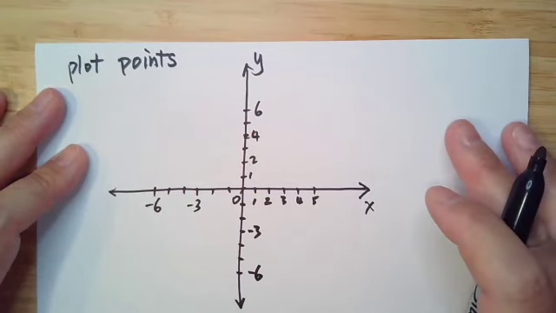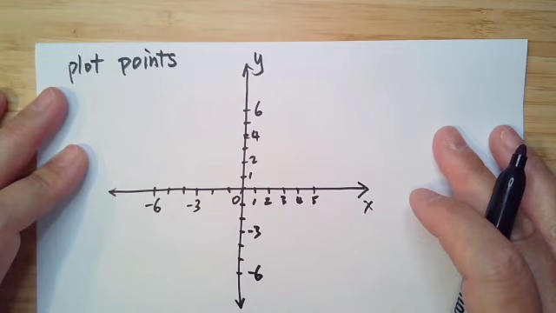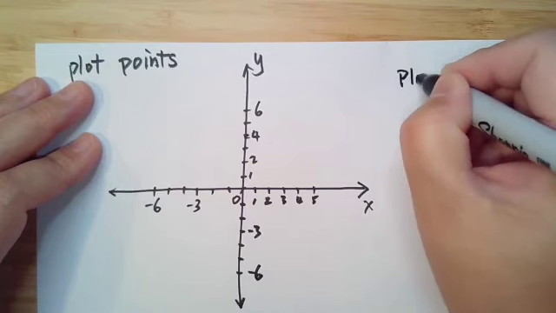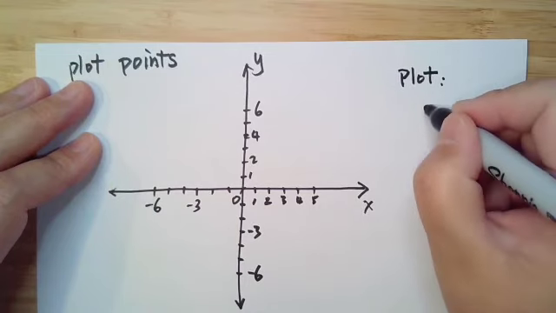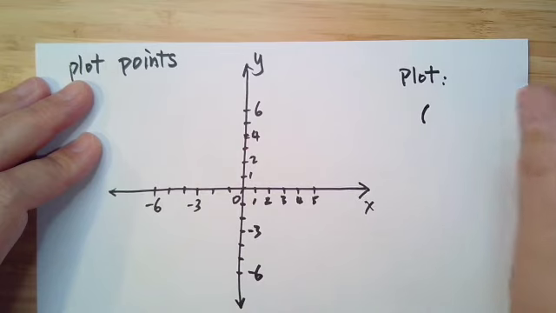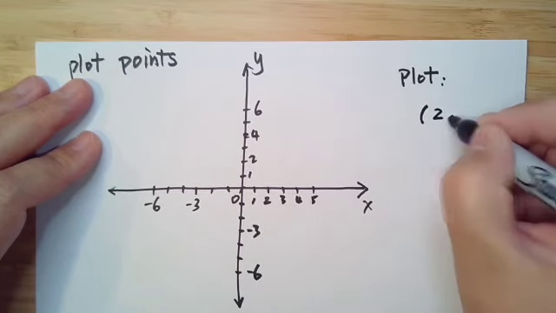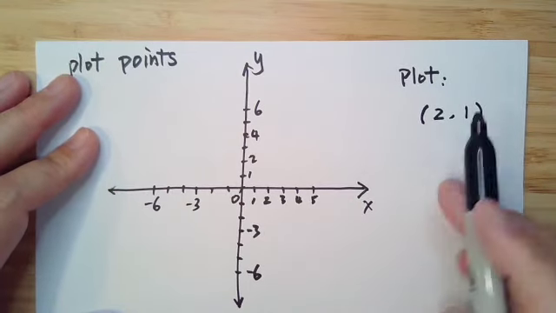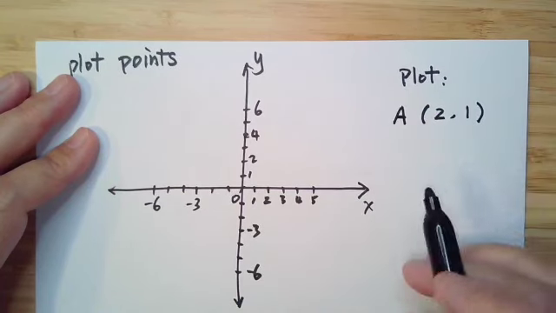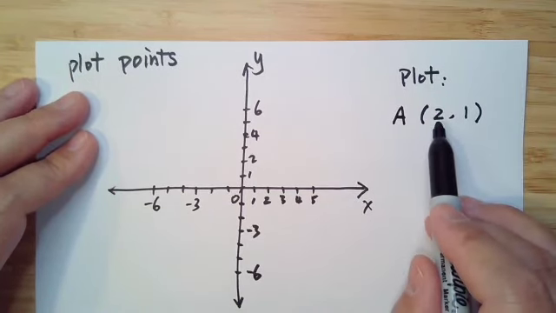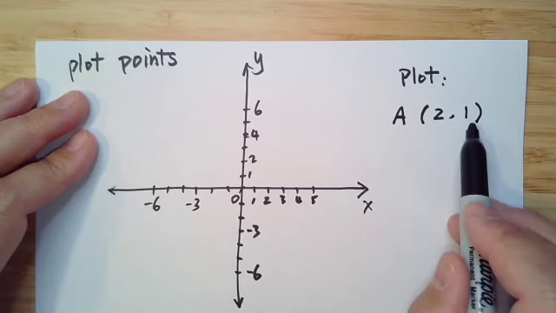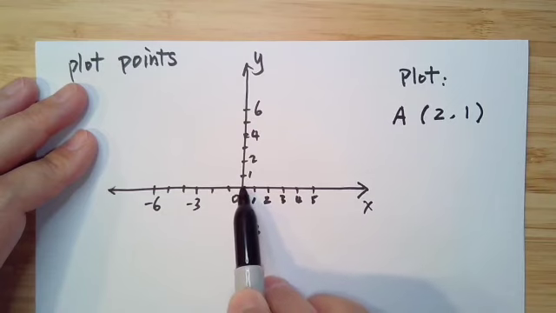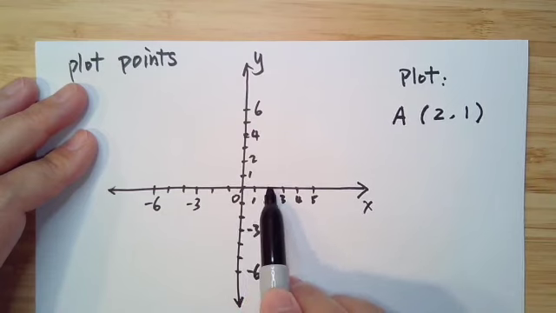So this is the xy coordinate plane, and I would ask you to plot this. I give you a pair of numbers, 2, 1. What does this mean? There's a point, and I give this point a name, capital A. The x coordinate is 2 and the y coordinate is 1. When the x coordinate is 2, you start from the origin and move to the right by 2 units.